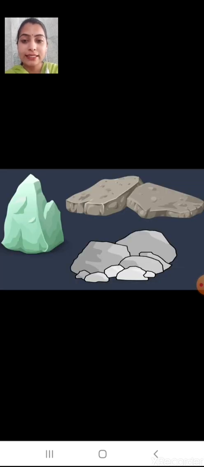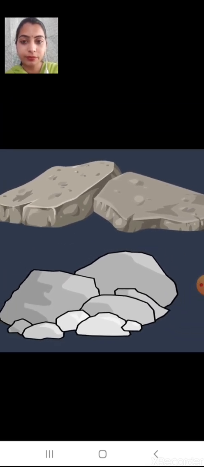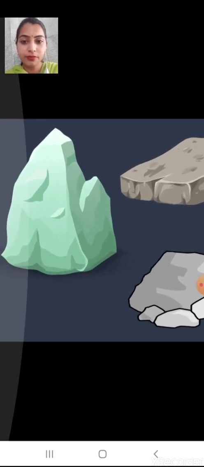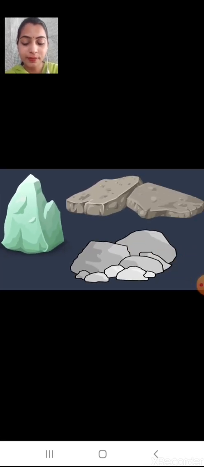See, these are 3 images. You have to tell what these are. Have all guessed? What are these? These are the pictures of rock.